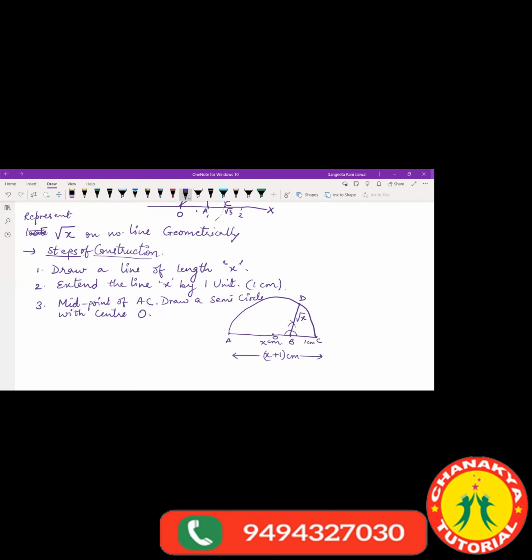Okay? Now how do you say that this is root over X? How will you prove it? For that we will do one more sum. Okay, this distance is your root over X. All right? Whatever measurement you are given, either this your X is 5.3 or 6.7 or 4.2 or 7.9, whatever it is given.